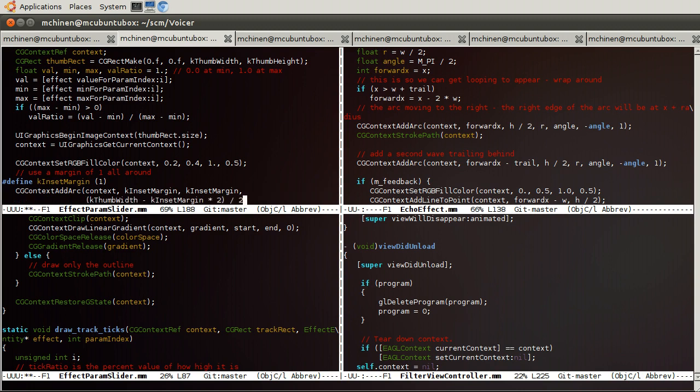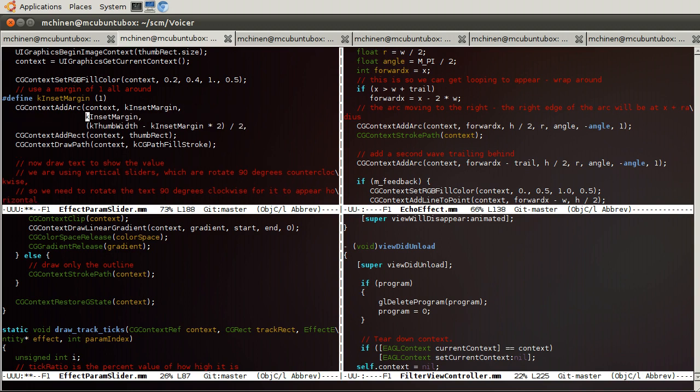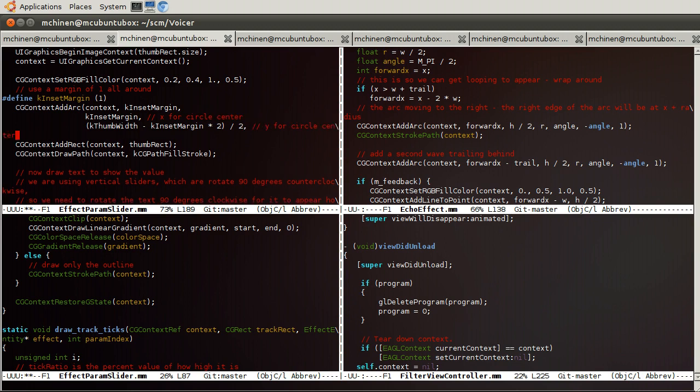Divided by 2. That'll get us to the center. Yeah, this is the y. This should be commented: X for circle center, Y for circle center.